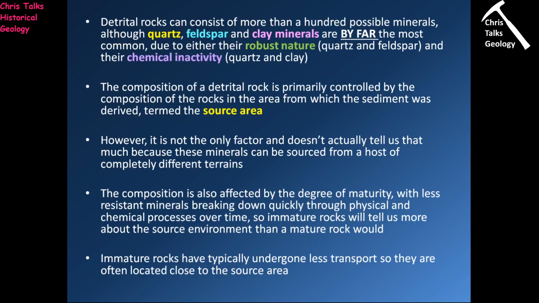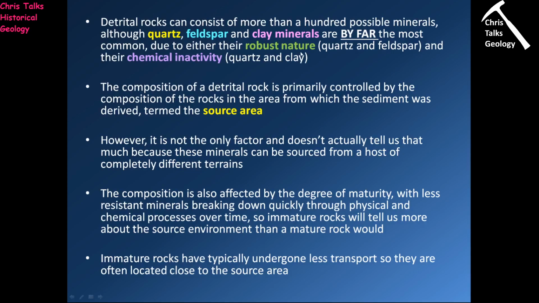So detrital rocks can consist of more than 100 possible minerals. However, when it really comes down to it, only three minerals are very common: quartz, feldspar, and clay minerals. Those are the minerals that you'll come across a lot of the time in clastic sedimentary rocks. Now, the reason they're the most common is twofold.